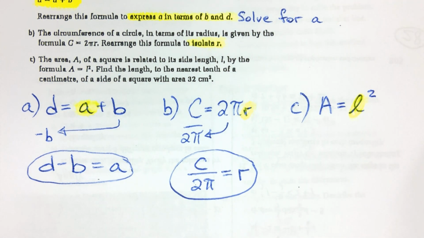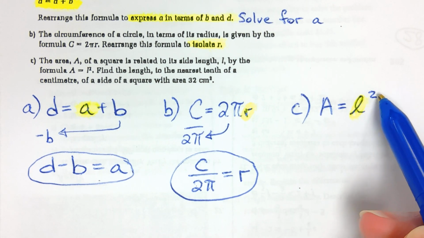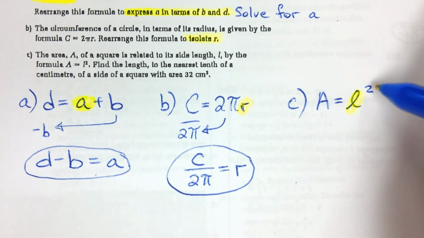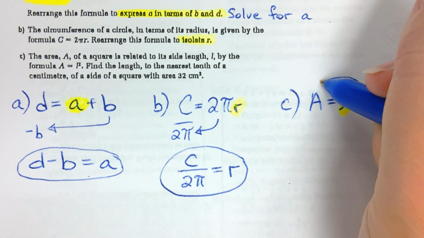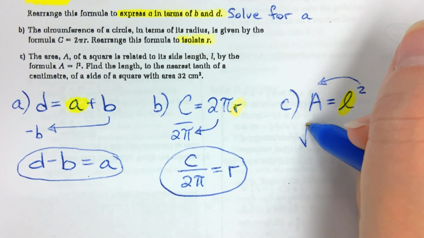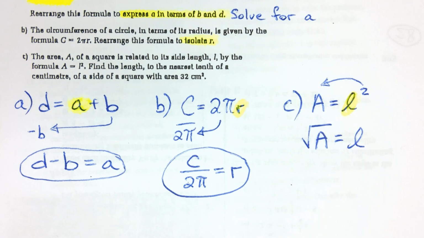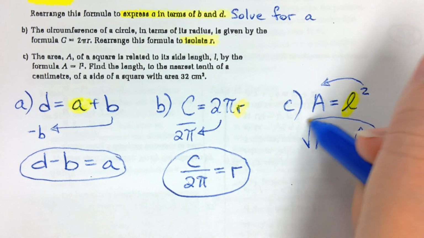So how do I get rid of the square? This means L times L, but what's the opposite of square? Daniel? Square root, right? So to move the square over to the other side, I'm doing square root. And there you go. That's my answer.